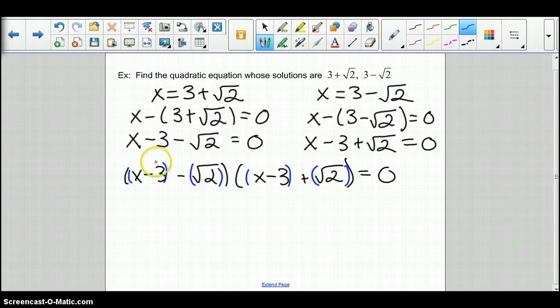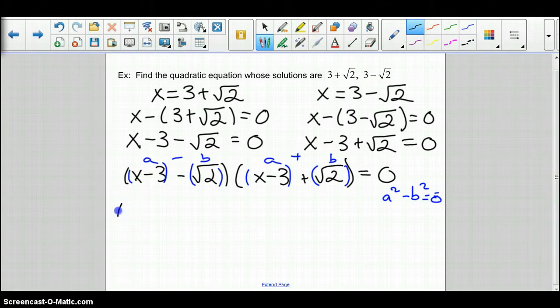So our x minus 3 could be like our a, and our square root of 2 could be like our b. So notice if we had a minus b times a plus b, we know that the middle terms would cancel out, and all we would have to do is a squared minus b squared equals 0. Right? We've learned that before.